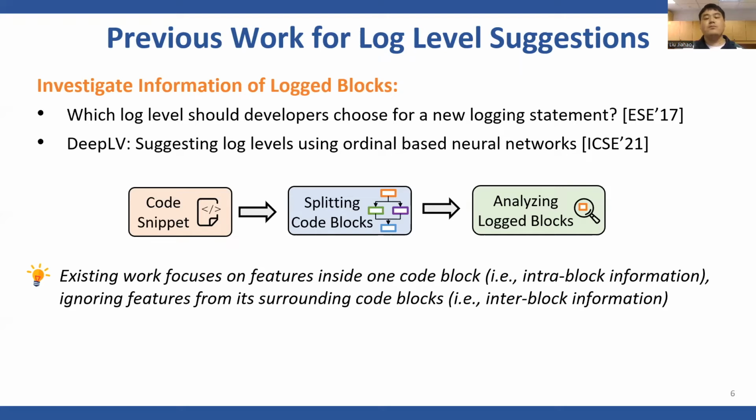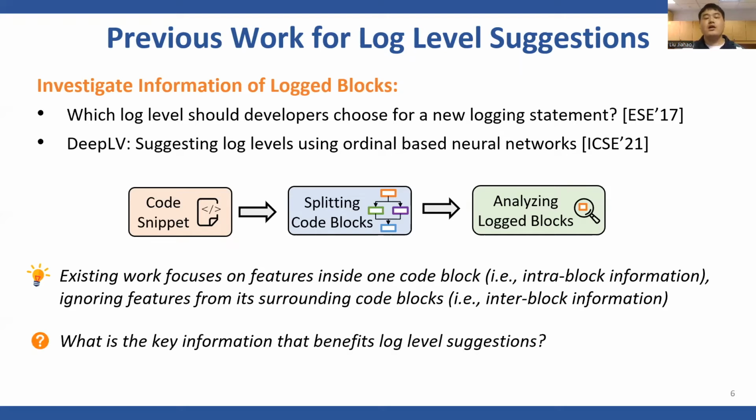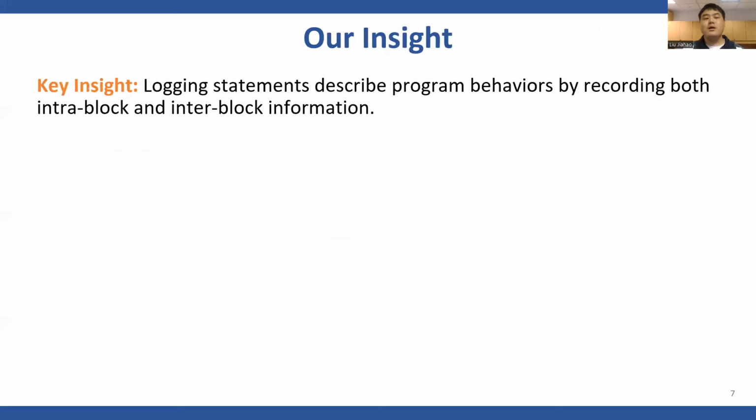Based on this observation, we have a question: what is the key information that benefits log level suggestions? If we only consider intra-block information, is it enough? As we all know, logging statements describe program behavior by recording both intra-block and inter-block information when the system is running.